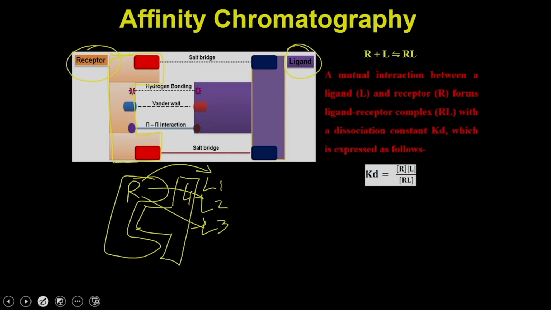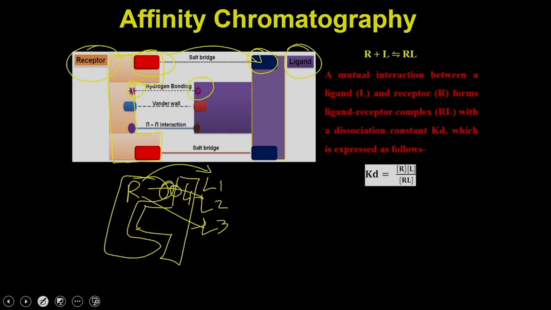For example, you may have hydrogen bond donor groups or salt bridge interaction groups on the ligand, and you would have the complementary groups on the receptor. So if the receptor has salt bridge interactions, the ligand should have a complementary group, and that increases the affinity or the binding of the ligand to the receptor to form the complex. In addition, it also looks for hydrogen bonding.